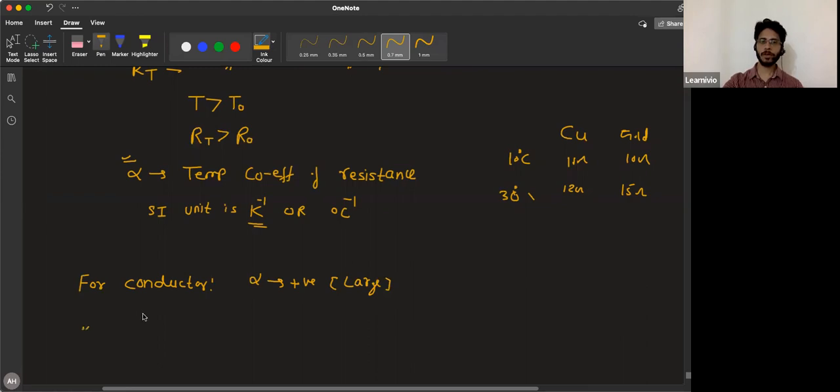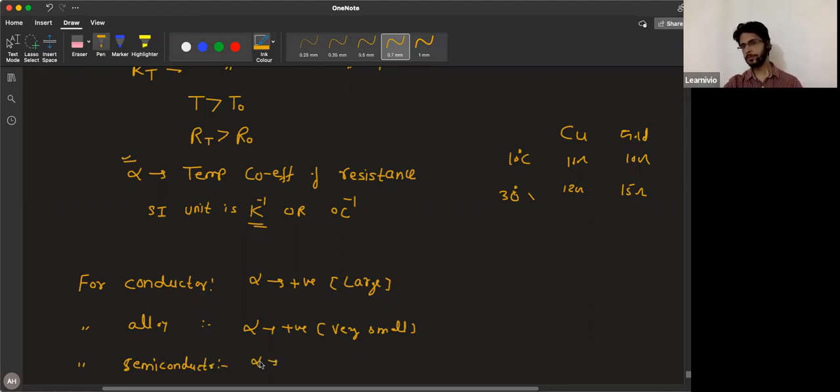For alloys, alpha is positive but extremely small, a very, very small value. For semiconductors and insulators, what happens when we increase the temperature of a semiconductor or insulator?